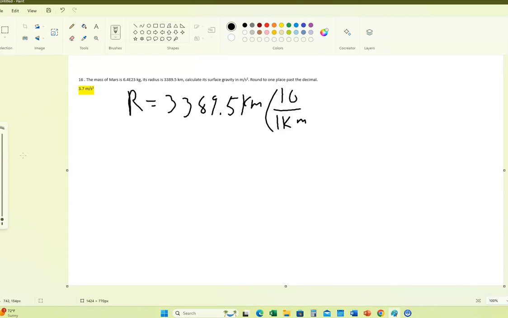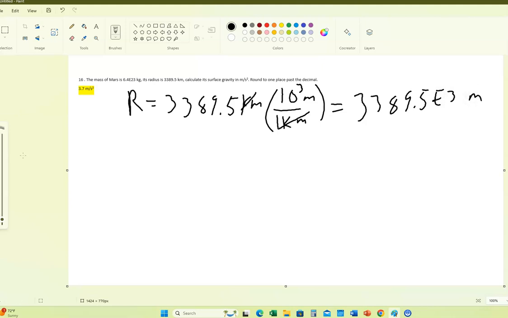You're going to multiply by 10 to the third, right? 10 to the third meters in 1 kilometer. So it's just the same number, 3,389.5 times 10 to the third, E3. All right, so that's going to be in meters.